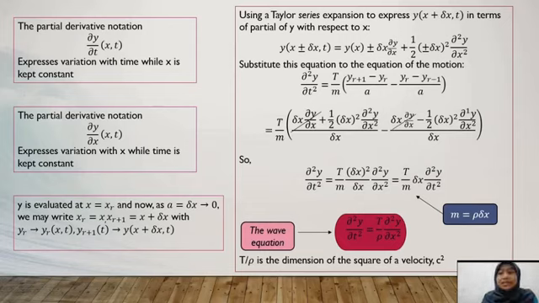And here we can see that m is equal to rho delta x, so we can replace m with rho. We get that the second order partial derivative of y with respect to t is equal to T over rho multiplied by the second order partial derivative of y with respect to x. This is what we call the wave equation, where T over rho has the dimension of the square of a velocity, c squared.